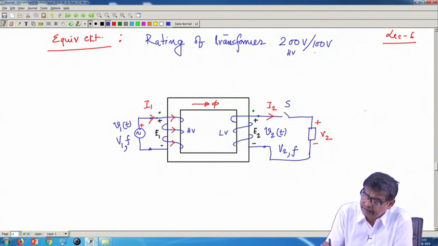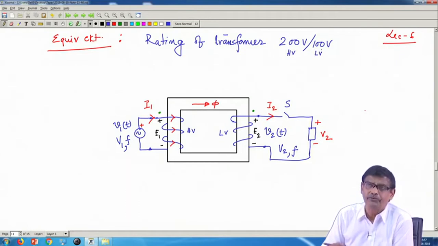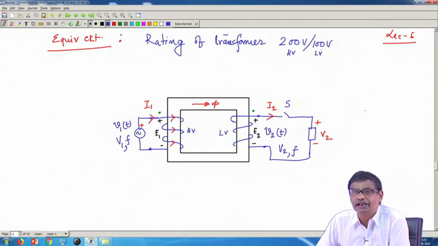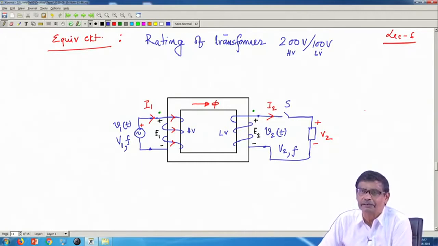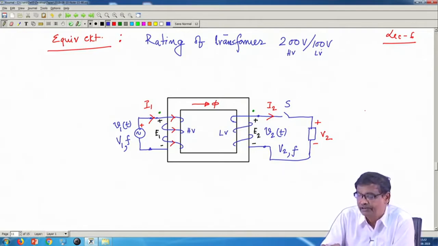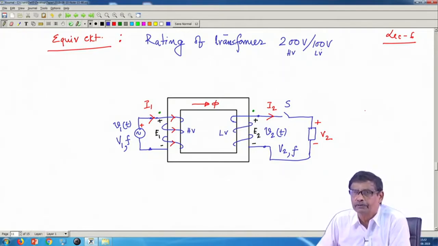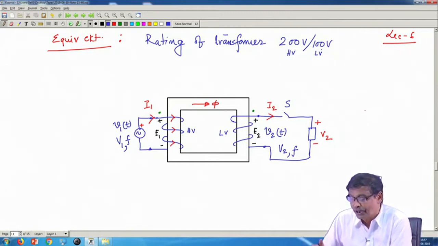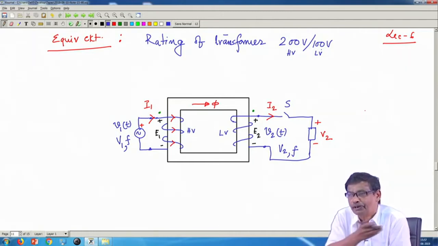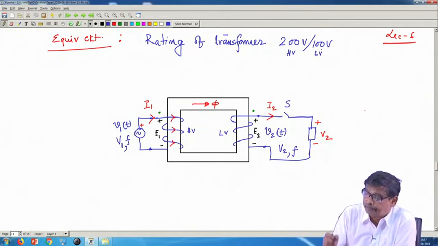Therefore, it is sometimes more scientific to describe a transformer in terms of HV and LV rather than primary and secondary. The user will decide which one becomes primary and which becomes secondary. Suppose 100 volt is available and you require 200 volt. Then there is no other way: energize the LV side with 100 volt and get 200 volt to supply your load, or vice versa. So these are called the voltage ratings.